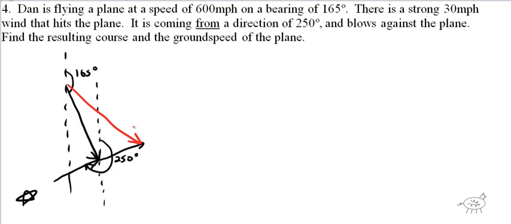Okay. So let me actually label these because I didn't do that. This is 600 miles an hour right here, so 600, and that wind is 30 miles an hour. So pretty much every case with a wind problem blowing against a plane, you're always going to be looking for the resultant course, which is your angle.